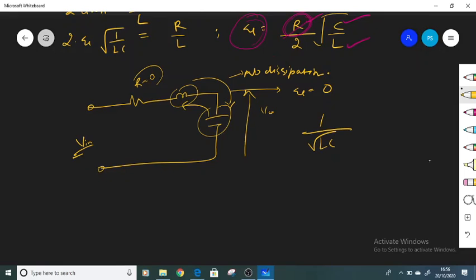But if now I introduce this resistance having some value, if this now resistance has got some value, then what will happen? There will be some dissipation over here.